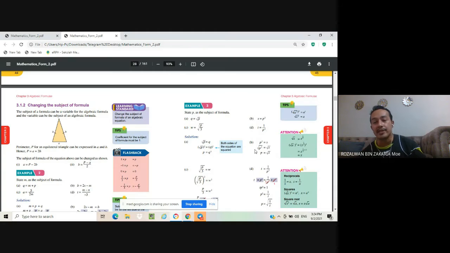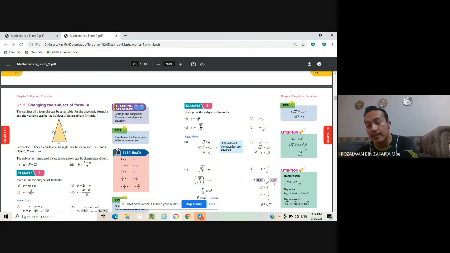We no need to change positive to the negative because we already put what we want to. This one P square, right? P square we want to make it to become P. So we just want to cancel this power of 2. We want to change from power of 2 to become power of 1. So how to make it happen? That means this power of 2, you need to put square root of 2.